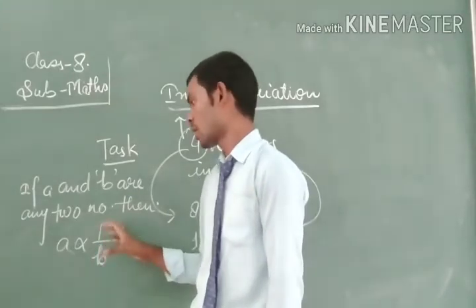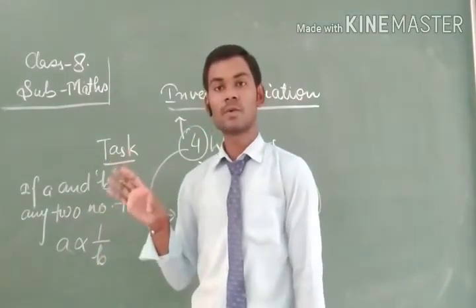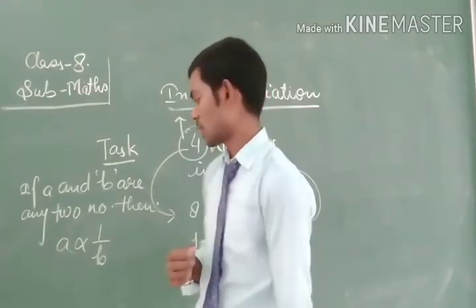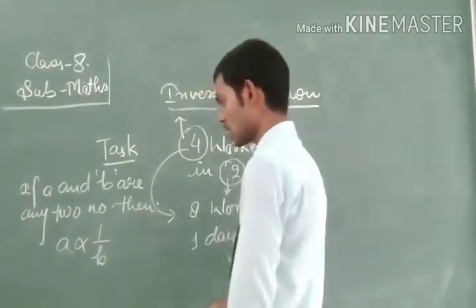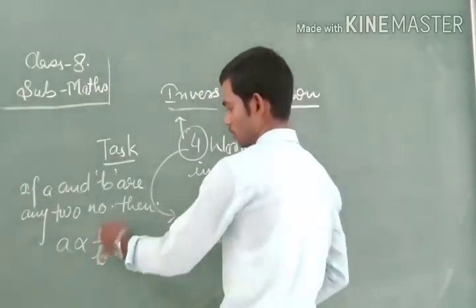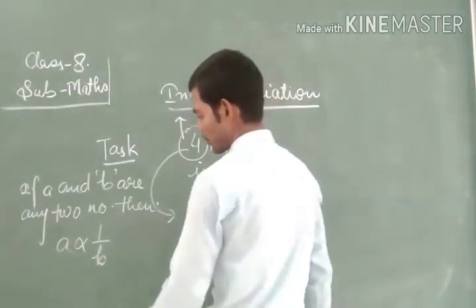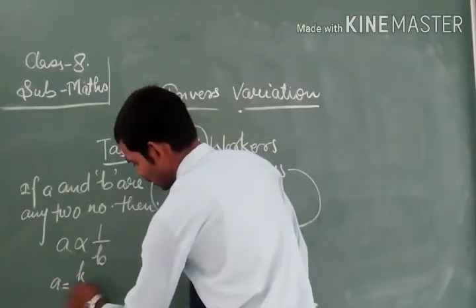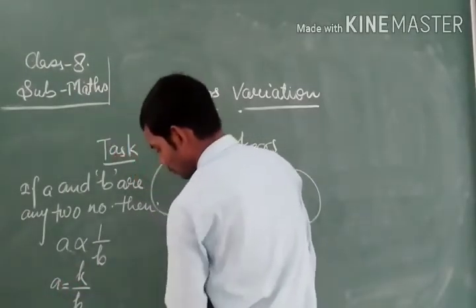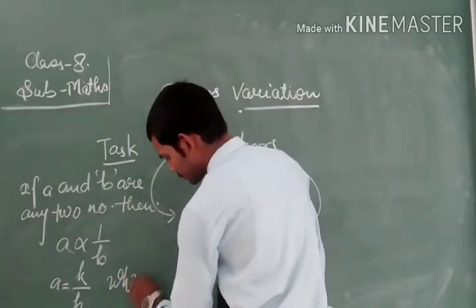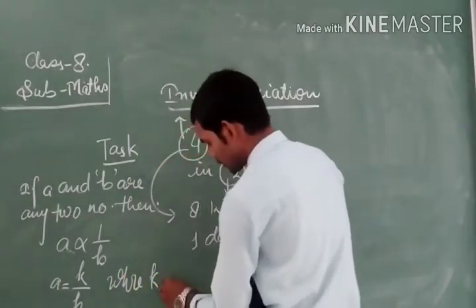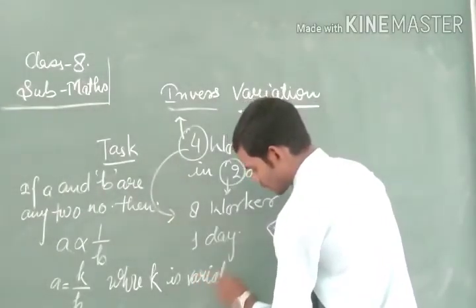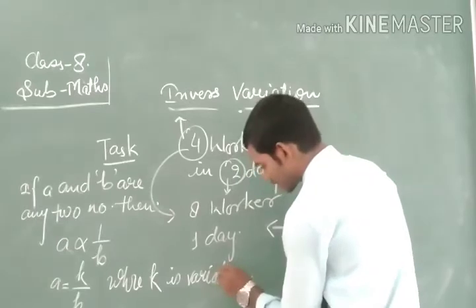Therefore it is called inverse proportion or inverse variation. So A is inversely proportional to 1 upon B can also be written as A is equal to K upon B, where K is the variation constant.